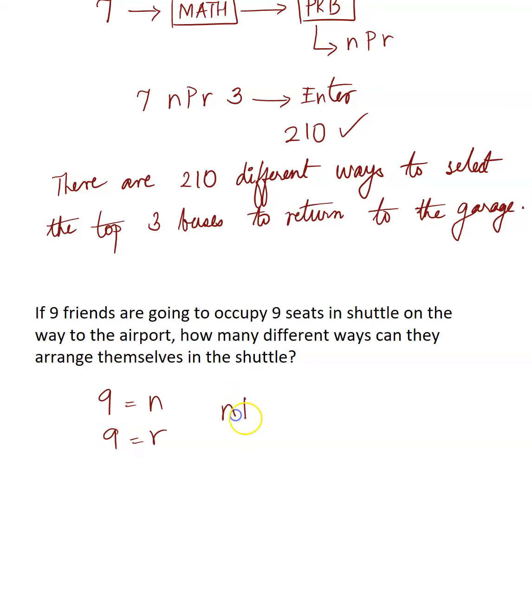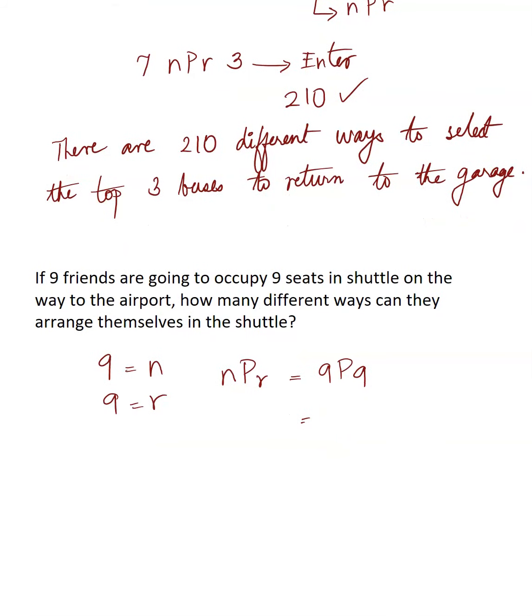So nPr would be 9Pr, I'm saying 9P9. You must be curious to see how this looks on your calculator, so you can pause at this point and go check it out. If you're using the formula, it's 9 factorial over 9 minus 9 factorial, which is 9 factorial over 0 factorial.